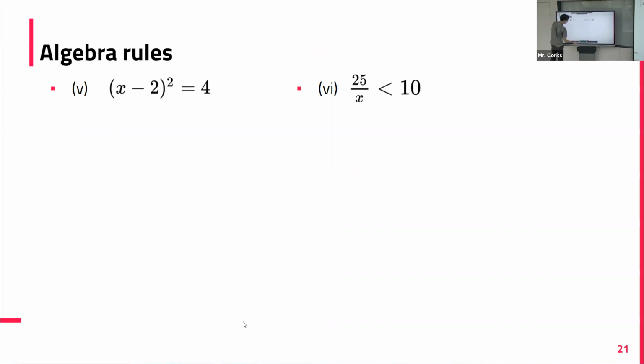All right, so what can we do to solve this? We could expand. If we see this, we understand it means x minus 2 times x minus 2 equals 4, and then we do our expanding.